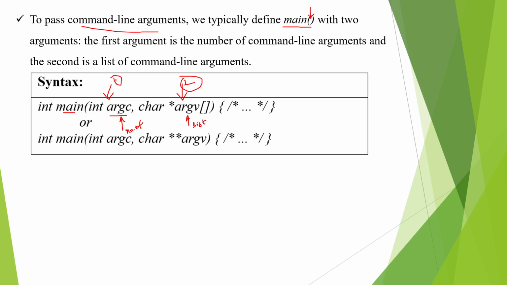The first thing, as you can see, is a count, so its type is going to be integer. The second thing is a list of all the command line arguments we are passing, so every item in the argument vector is going to be a string. The argument vector is a list of all the command line arguments you pass from the command line shell, so it is a list of strings, an array of strings.